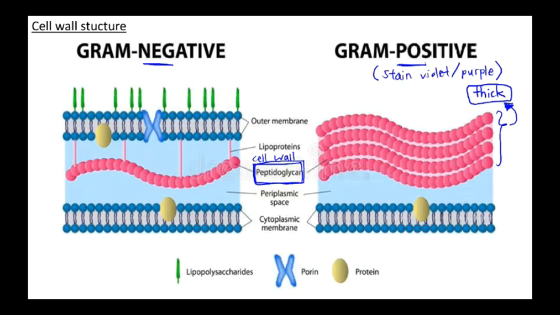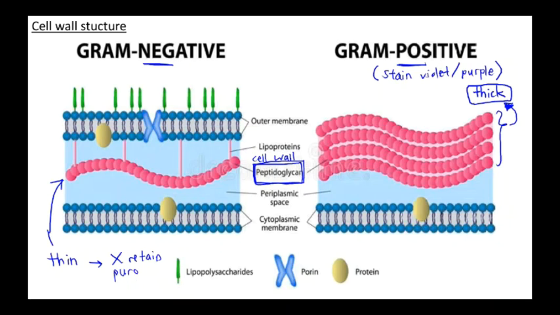And if you compare it with gram-negative bacteria, you can see that the peptidoglycan cell wall of gram-negative bacteria is very thin. And because it's a very thin layer of cell wall made of peptidoglycan, it can't retain the purple dye.